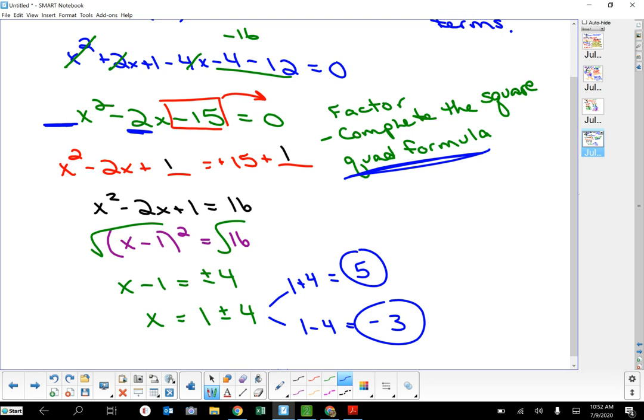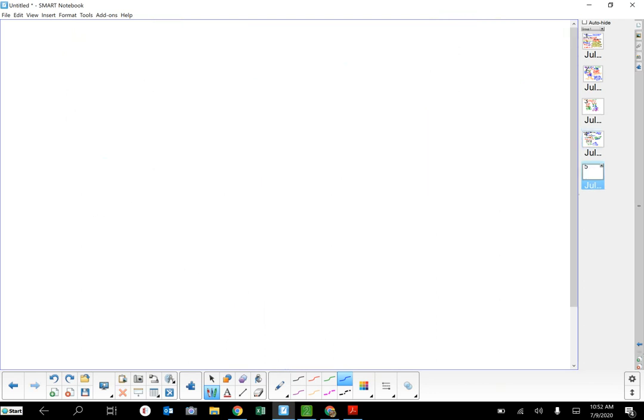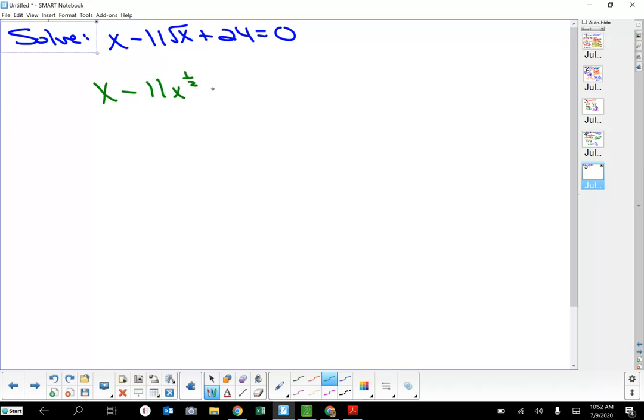Okay. Number 4, we're going to solve x minus 11 radical x plus 24 equals 0. And the way I did this in the front on the first slide is the way I would write this. I would go x minus 11x to the 1/2 plus 24 equals 0. And because this exponent is half of the exponent on the leading term, we can X method this.